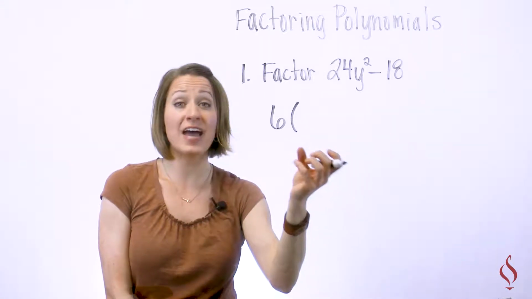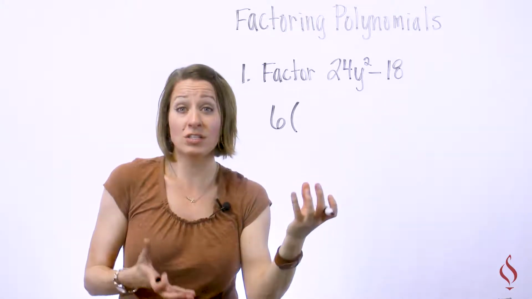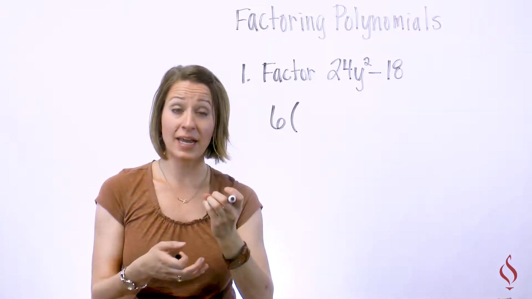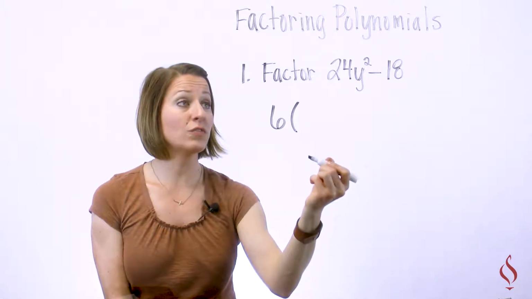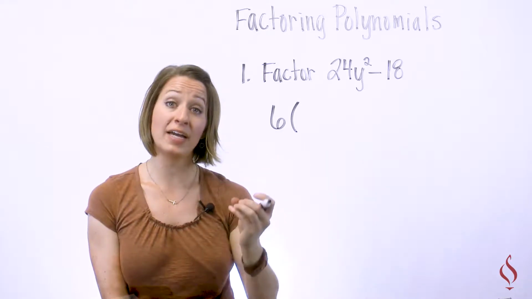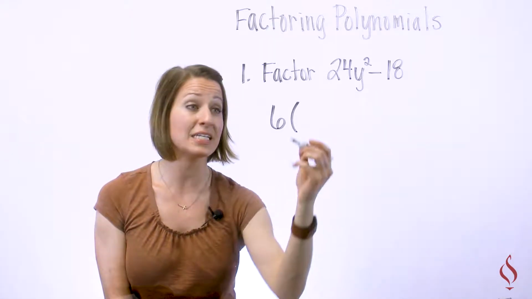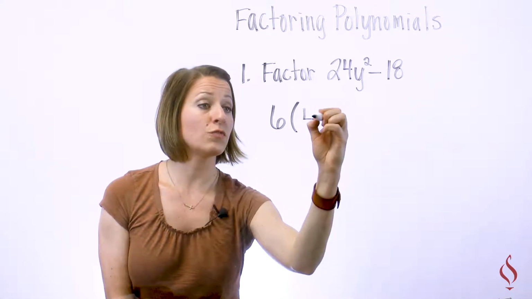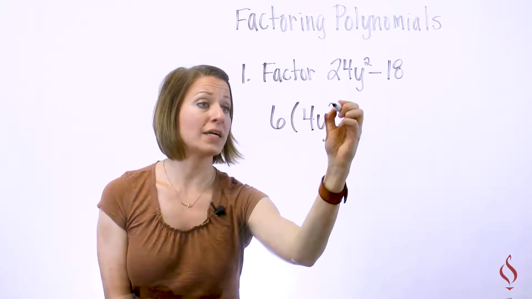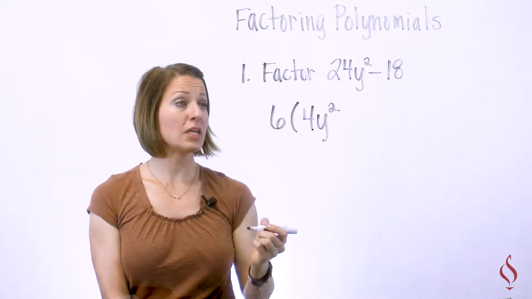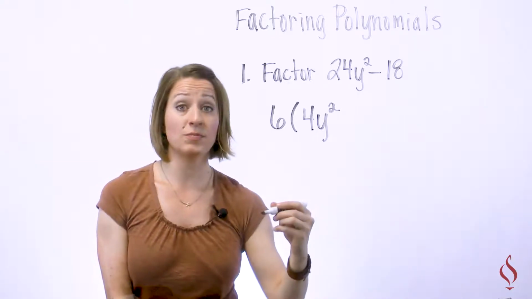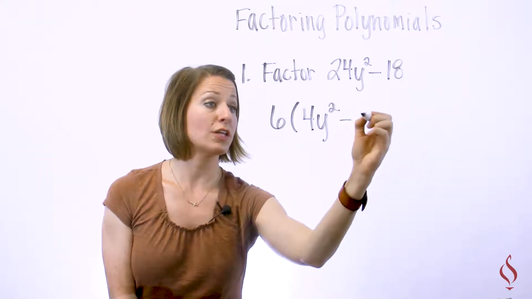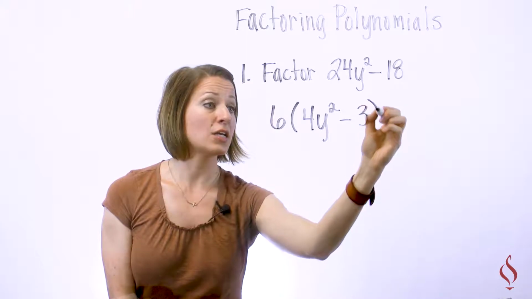This word factor out, you could swap out for the word divide out. So 24y squared, when you divide out or factor out a 6, you're left with 4y squared. And then when you factor a 6 from the negative 18, you're left with negative 3, and then close parentheses.